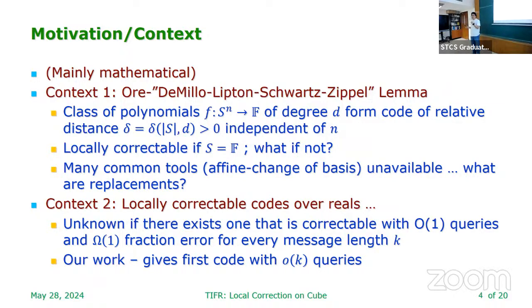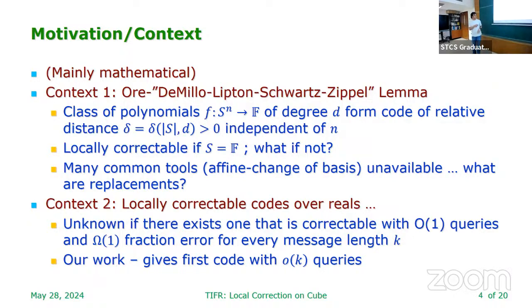Now, over finite fields, we have so many examples of nice codes that this kind of a question came as a bit of a surprise. And in fact, we were not angling towards this and then suddenly realized, oops, we actually have codes sitting on the reals. And for the first time, we have codes with sublinear query complexity. It's not constant.